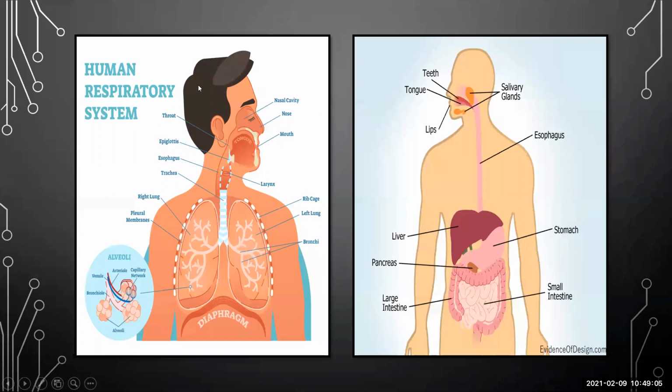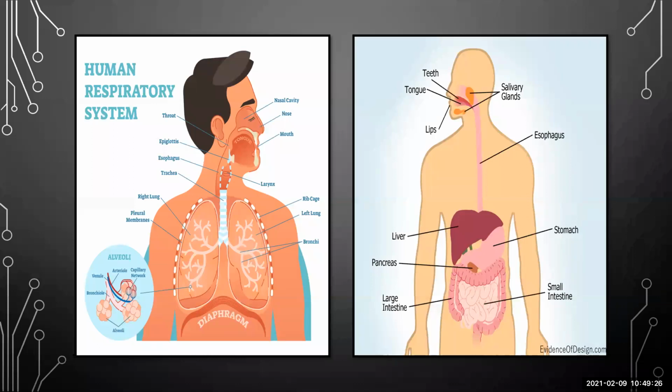Now in the respiratory system, we inhale the oxygen. It goes in through our nose, then the oxygen which is present in the air gets combined with the blood molecule, hemoglobin, to form the oxyhemoglobin molecule.